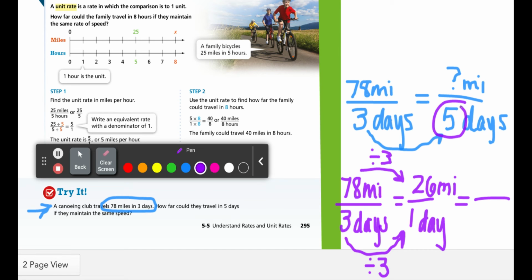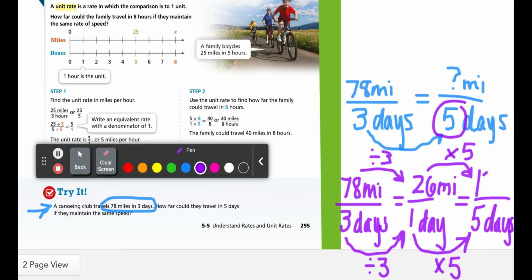Okay, so now that I figured out that they travel 26 miles in 1 day, I need to figure out how many miles they travel in 5 days. Well, we have to go from 1 to 5 times 5. So then 26 times 5 is 130 miles.